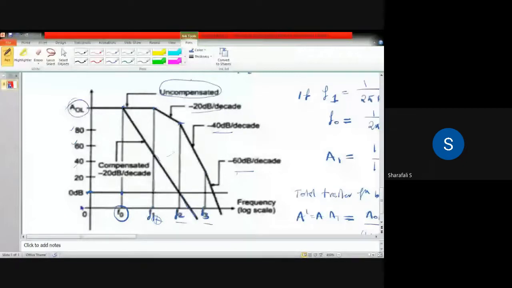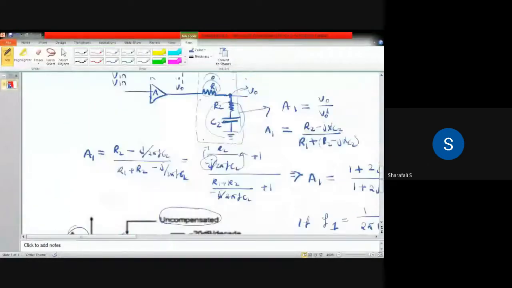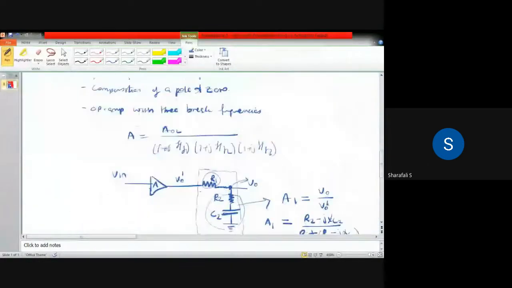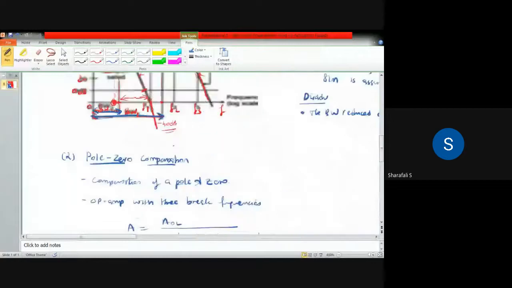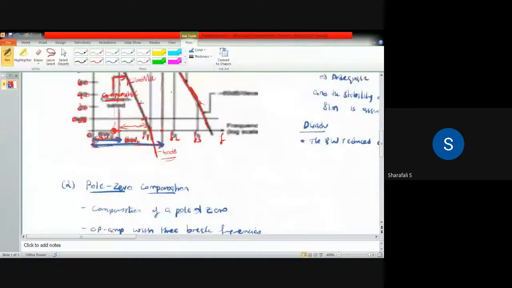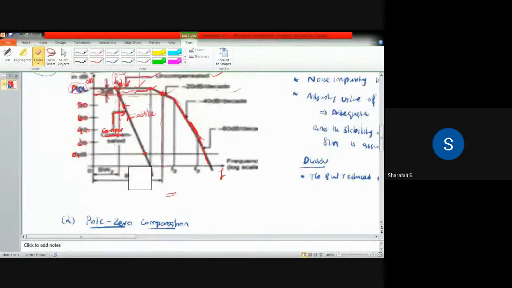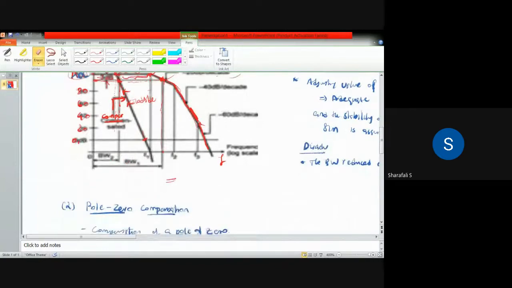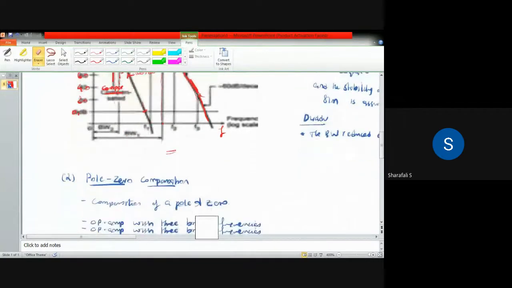And I think I have already erased that diagram. But no problem, I will draw it again.